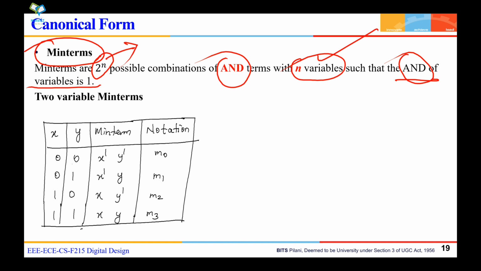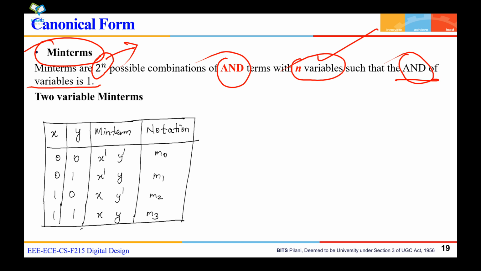Let us take two variables. Two variables means it is x y or it can be a and b. Suppose I take x y, those two variables can be written in four ways.